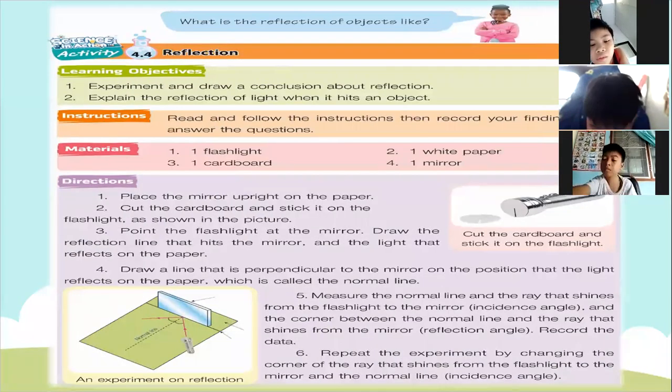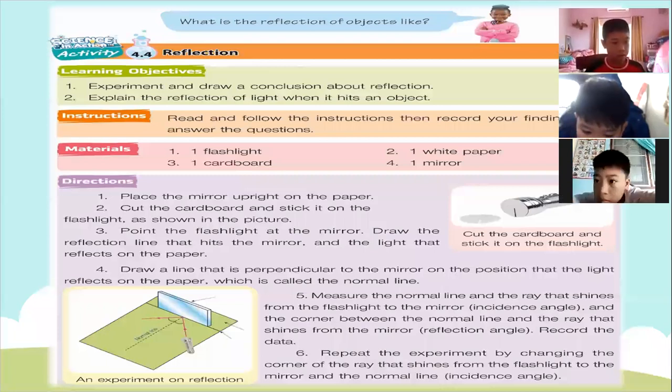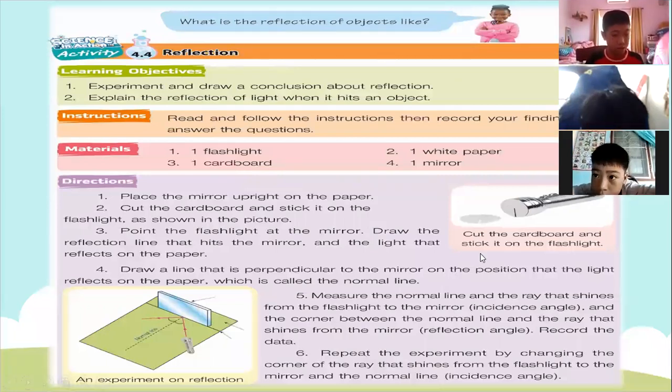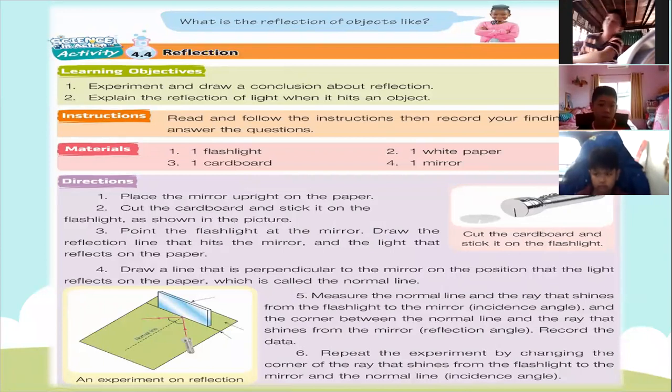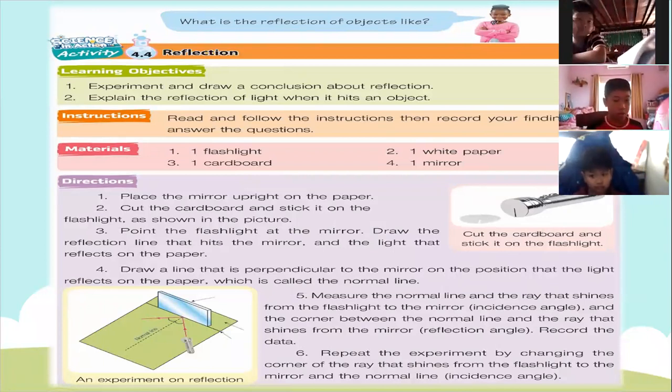Here we are going to have an experiment. This experiment is to understand that light reflects at the same angle. Here we are going to use a mirror, an opaque object, to understand that when the light hits a smooth opaque object, it will reflect at the same angle.